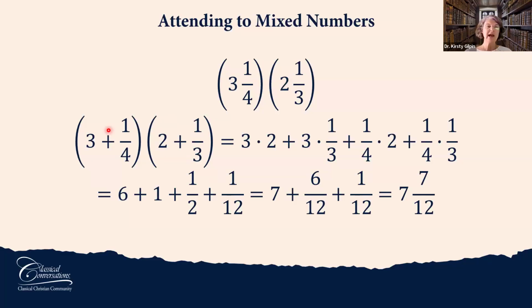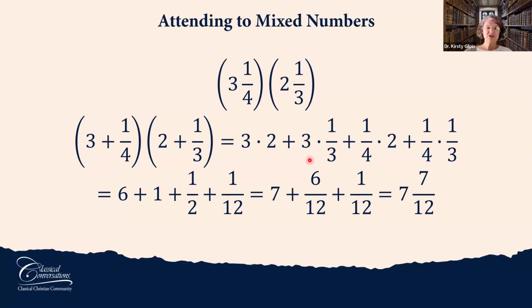And so what do I have to do when I'm multiplying two-term expressions? You have to distribute. So I have 3 times 2, I have 3 times a third, I have a quarter times 2, and I have a quarter times a third. Okay.